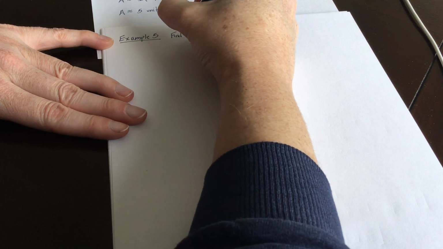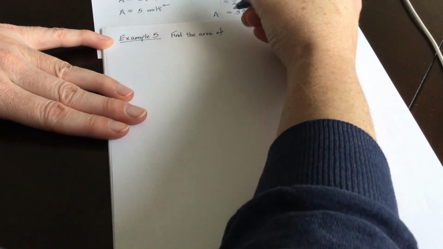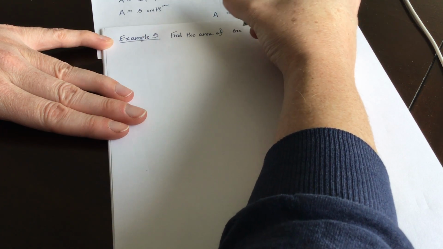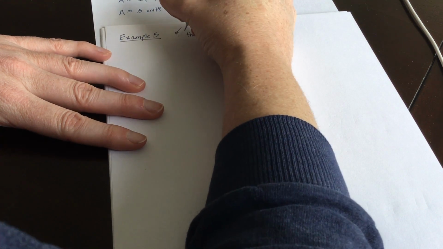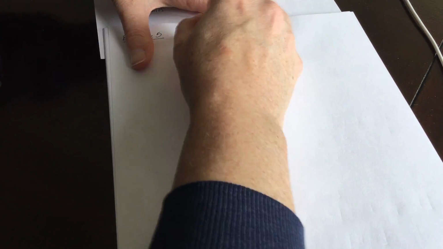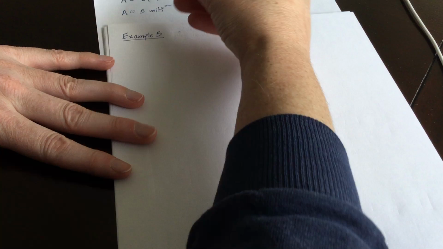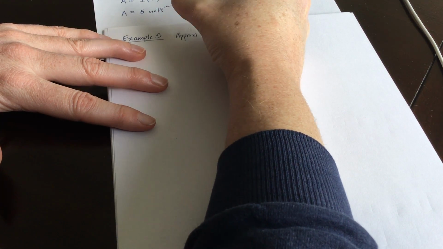Find the area of, not find, I'm sorry. How about approximate? Sorry guys, my hand is not doing what I really want it to do right now. Let's try again. Approximate.